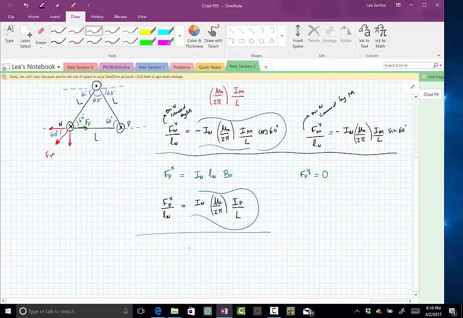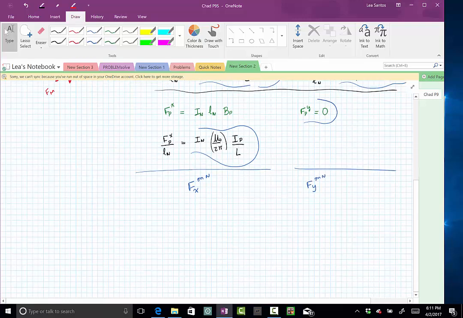This will give us Fx, so on N, the total force on N, and here we add this y component and this y component. This will give us the total force along the y direction on N.